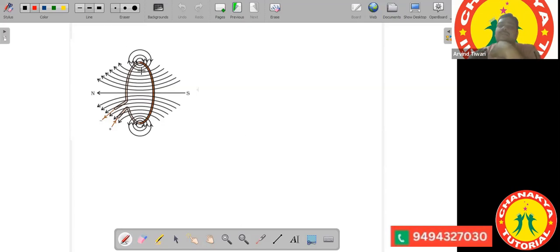Near the wire, the magnetic field lines are concentric circles, and towards the center, they become almost straight. So I can write here.